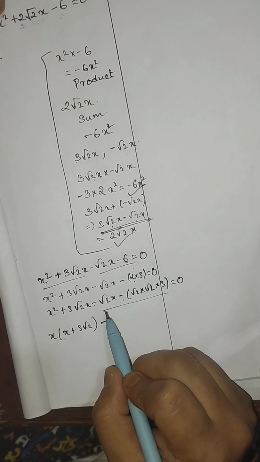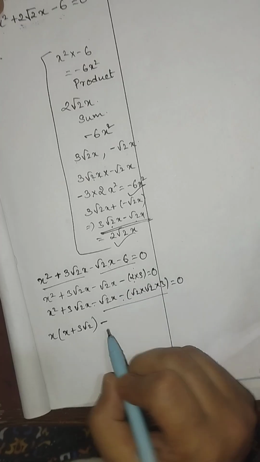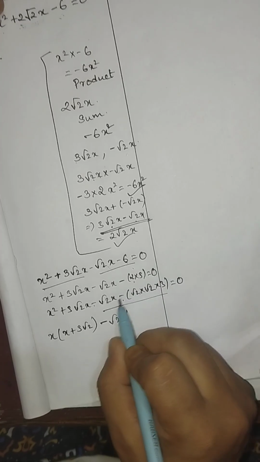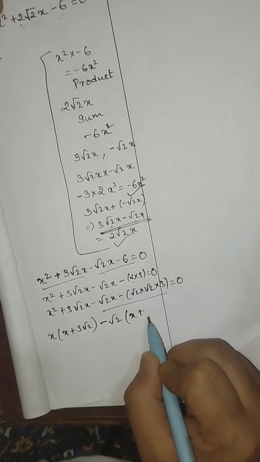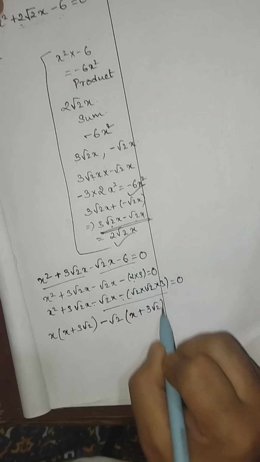Once you take a minus sign common, the sign reverses, it changes to plus. Okay, obviously. So we'll take √2 out. So inside the bracket we have x, then this one changes to plus, then inside the bracket this √2 is already out of the bracket, so we're left with 3√2 equals to 0.